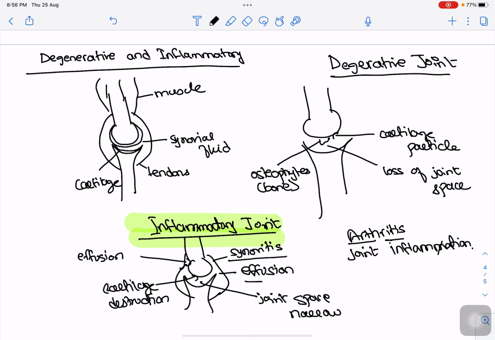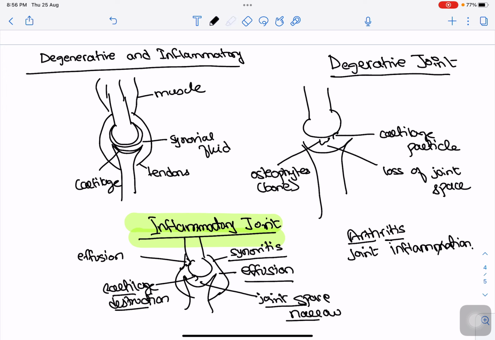There is effusion, there is joint space narrowing, and there is cartilage destruction. As you have already studied, inflammation may present with rubor, that is redness, pain and swelling, and erythema. These are all the things that are associated with an inflammatory joint.